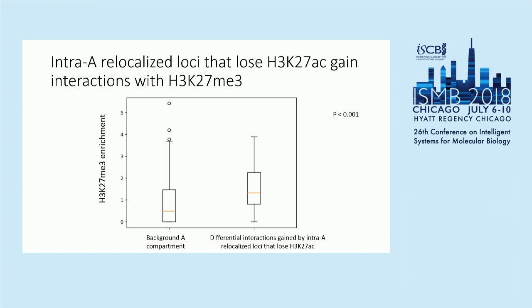And I found that there's significant differential looping at those sites, and the differential looping partners, while they tend to be in the A compartment, gain enrichment for H3K27 trimethylation repressive marks. So these loci seem to be moving into more K27, more repressive regions within the A compartment.